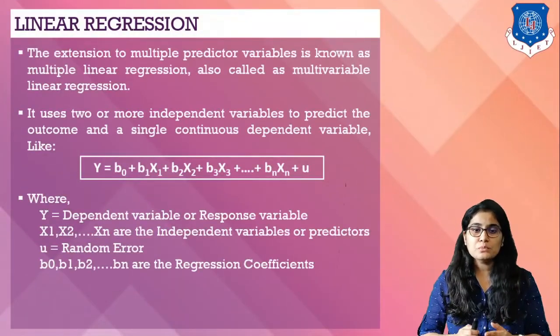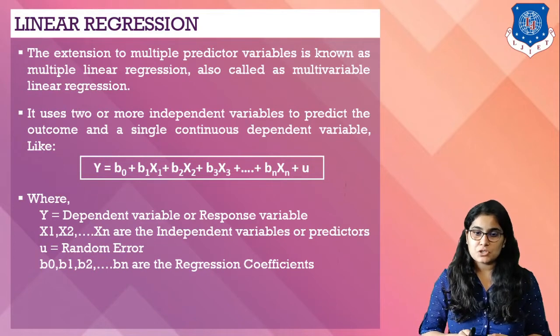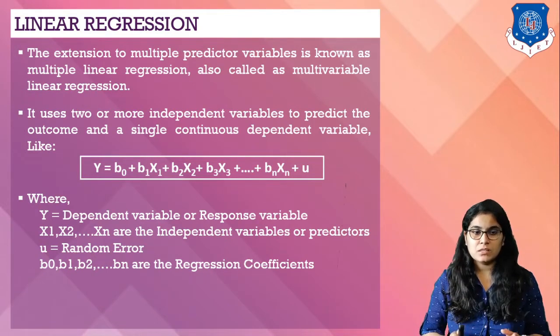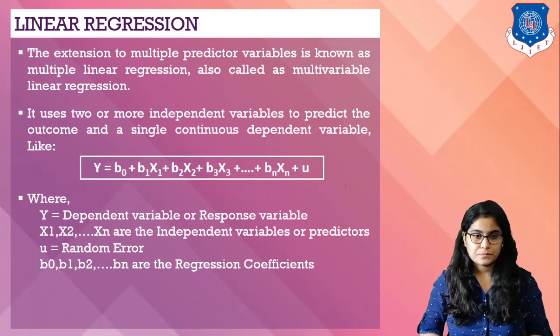The extension to multiple predictor variables is known as multiple linear regression, which is also called multivariable linear regression. Nearly all real-world regression models involve multiple predictors, and basic descriptions of linear regression are often phrased in terms of the multiple regression model.